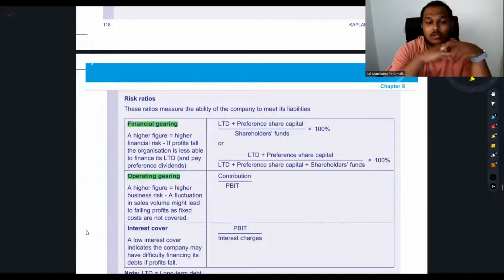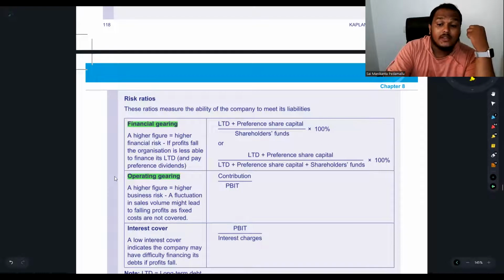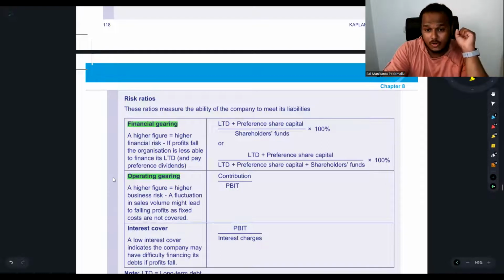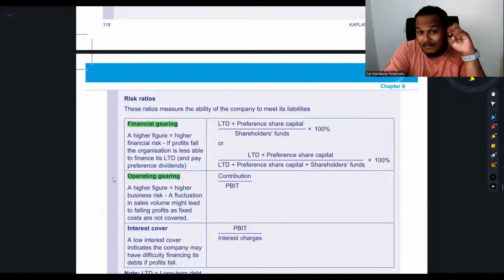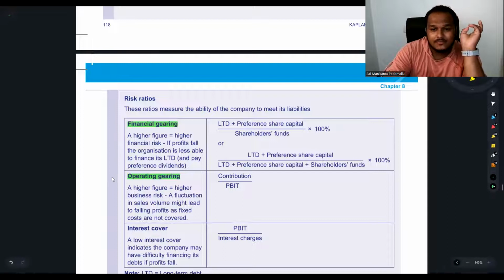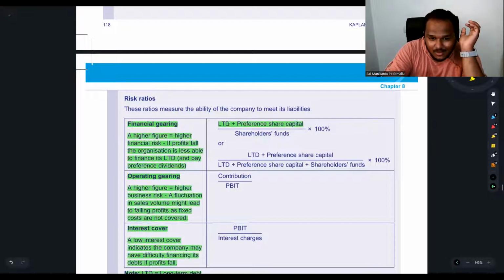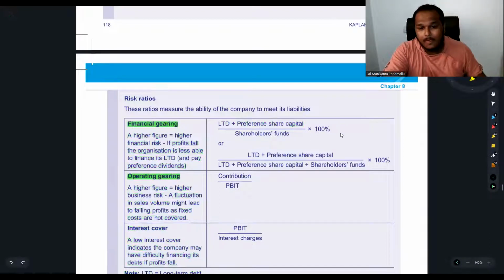Financial risk means what, sir? See, if you're having too much obligations on you, like there is so much money that you have to pay to your fixed obligations, like your debt, preference shares, redeemable preference shares, not irredeemable again. That is why I do not like this thing. See, they say long-term debt, sorry.